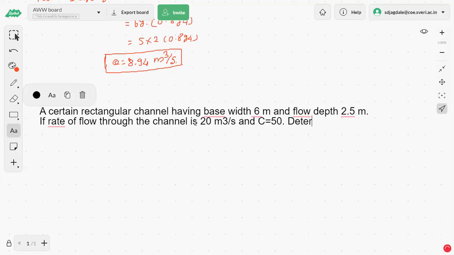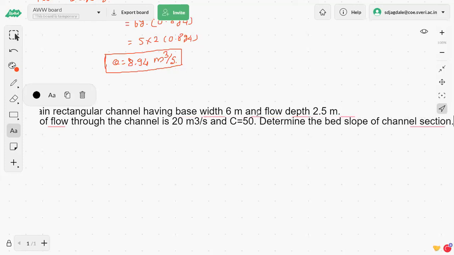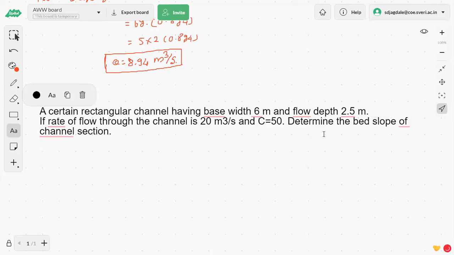determine the bed slope of a channel section. Okay, so what things have they given us and what is asked to calculate, we will go for that now. What have they asked?